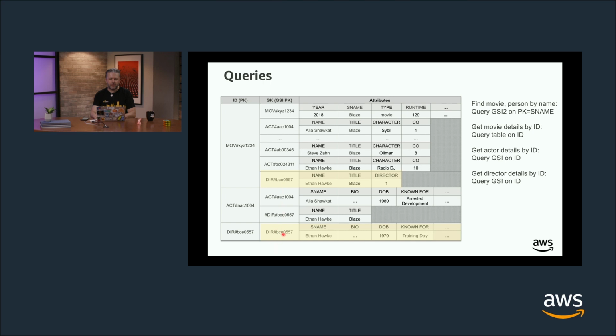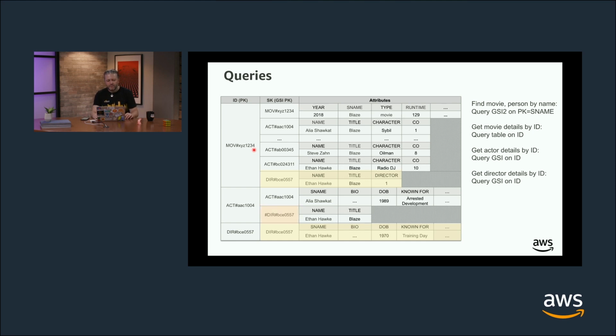And so that would include the entity specific record, which is potentially director's bio, date of birth, and all these other fields, maybe a photo, and then all the relationship records for the movies that director has worked on. And so that's the relationship between movies and these other entities, actors and directors.